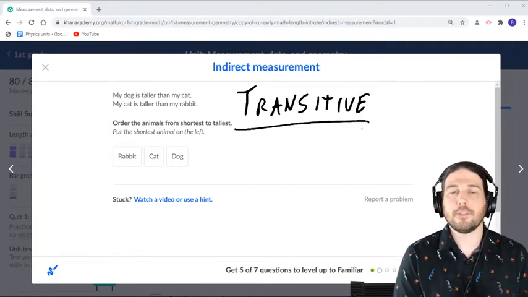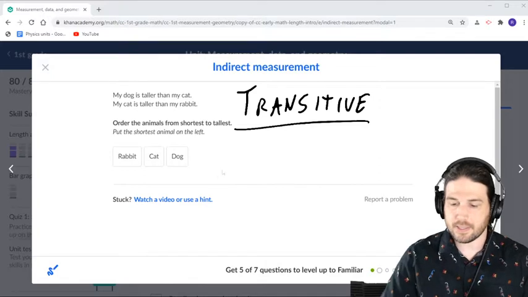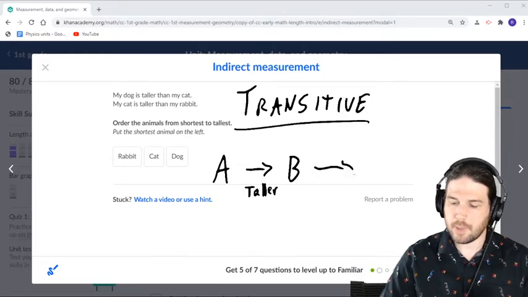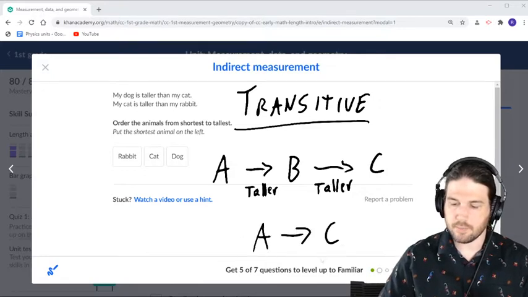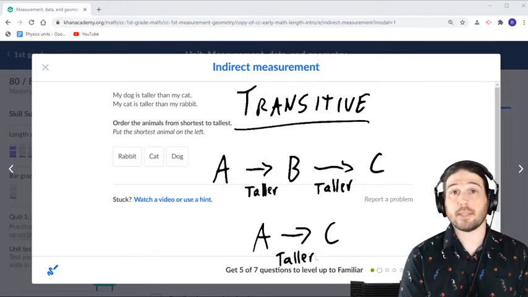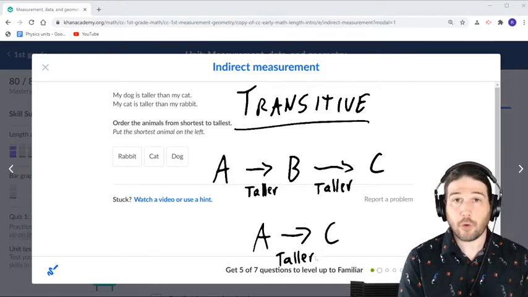The transitive property is something like this. If A is taller than B, and B is taller than C, therefore, A is taller than C. That's all it is.